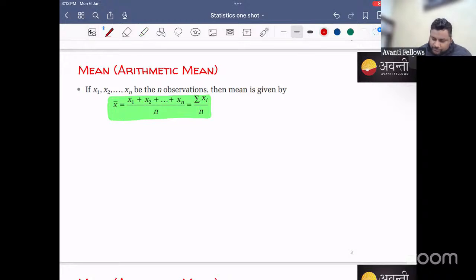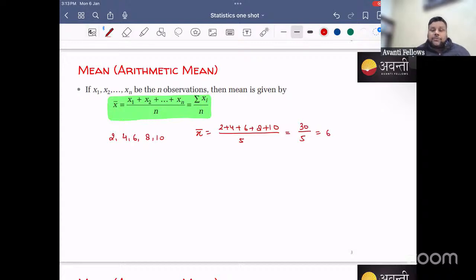Now let us assume you have observations 2, 4, 6, 8, 10. So mean is 2 plus 4 plus 6 plus 8 plus 10 divided by 5, so it will be 30 divided by 5, that is 6.